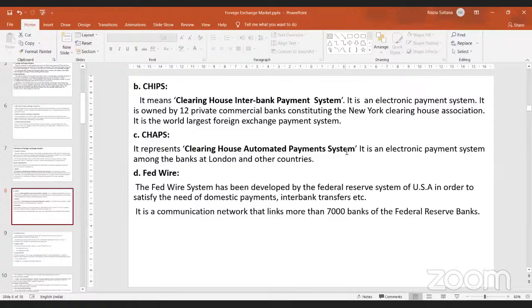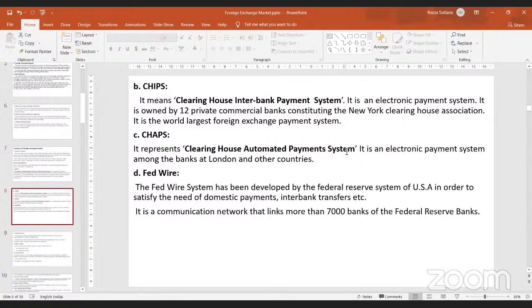The transfer functions get implemented through the FedWire system, where all the banks under the Federal Reserve Bank have a communication network, and through that network the transfer function gets implemented.